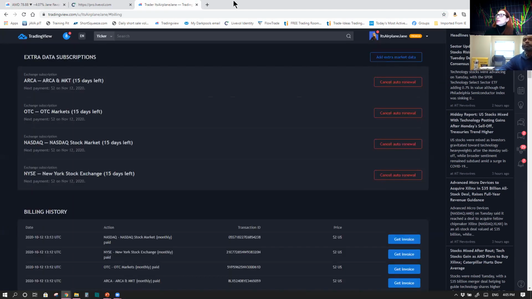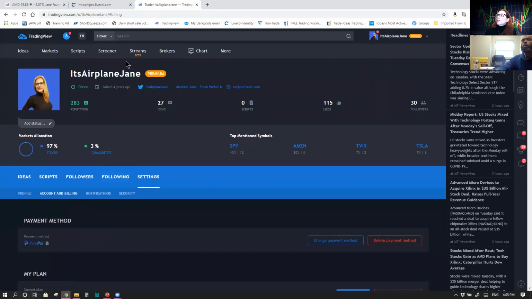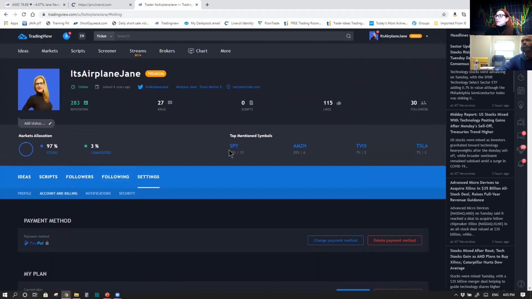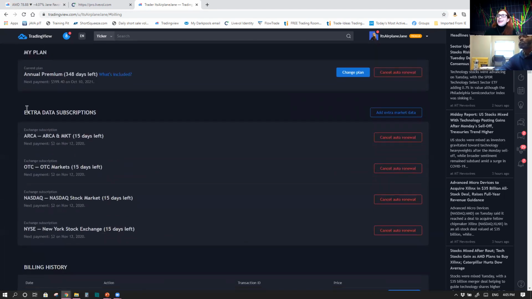So it's under your profile, account, and billing, which brings you to this screen. Then you have your regular plan and then the extra data subscription. So you just go to add extra market data. If you add that on, then you should be able to see that wick.